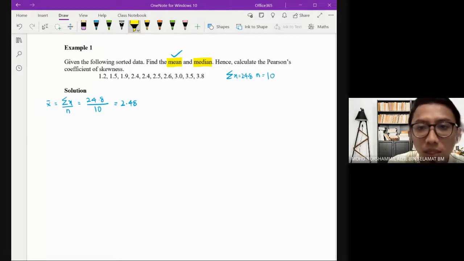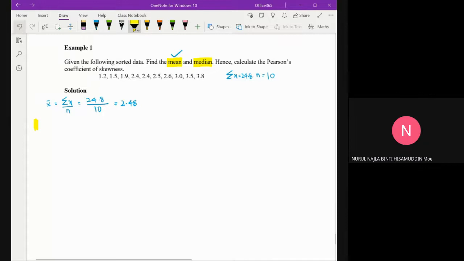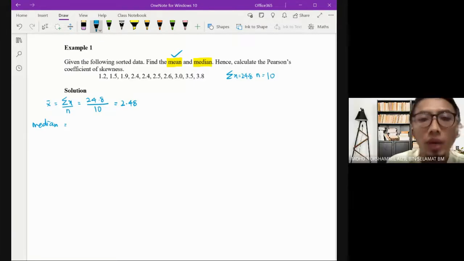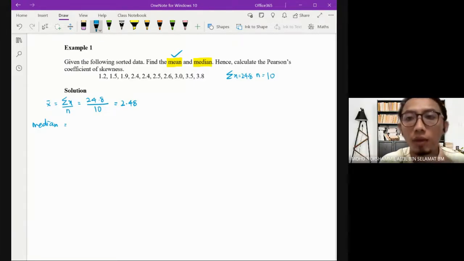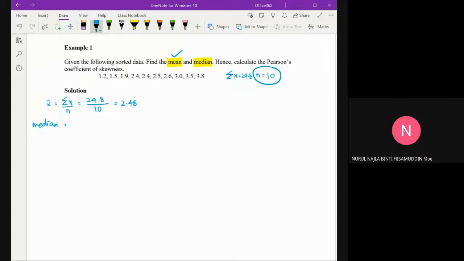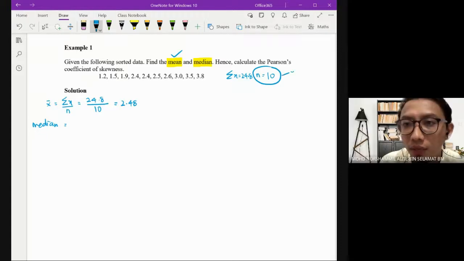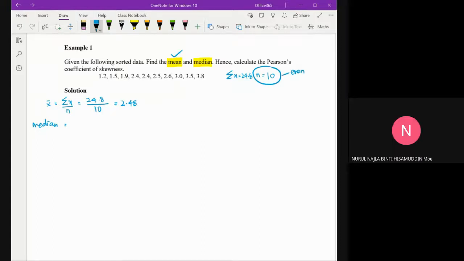Okay, Najla, please help me to calculate the median. Oh, for the median we use the formula n/2 plus n/2 plus 1, divided by 2. Why do we use that formula? Because first of all, to calculate the median, we have to look at the number of data. So this one is even, right? Yes, even number.